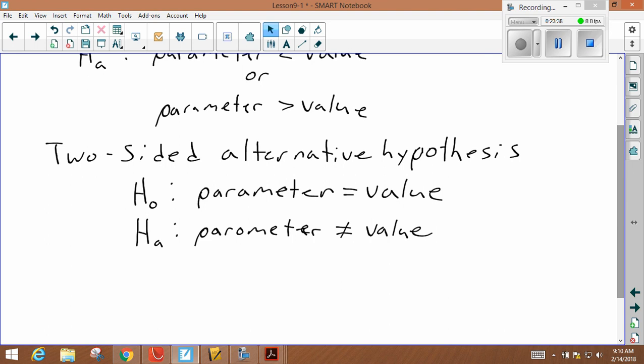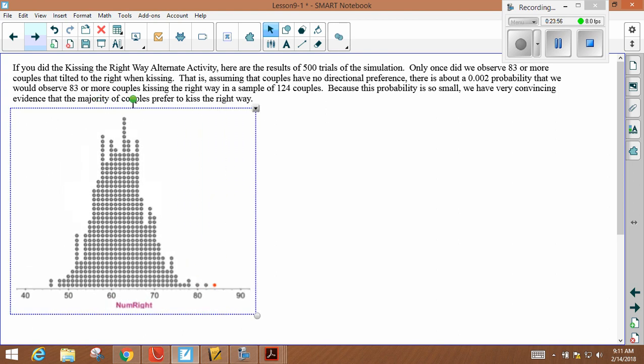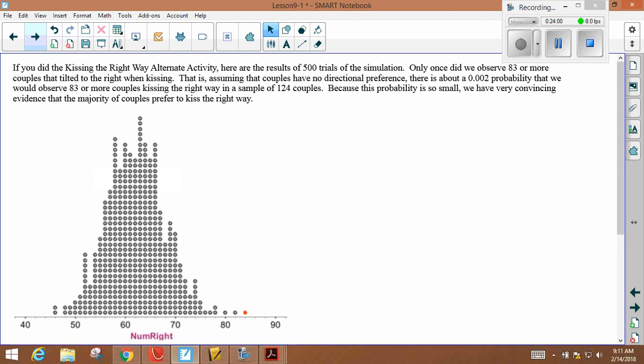All right, moving right along. Now we've talked about that. I wanted to talk a little bit more about the kissing. I have right here a plot of the distribution of 500 trials of this simulation.